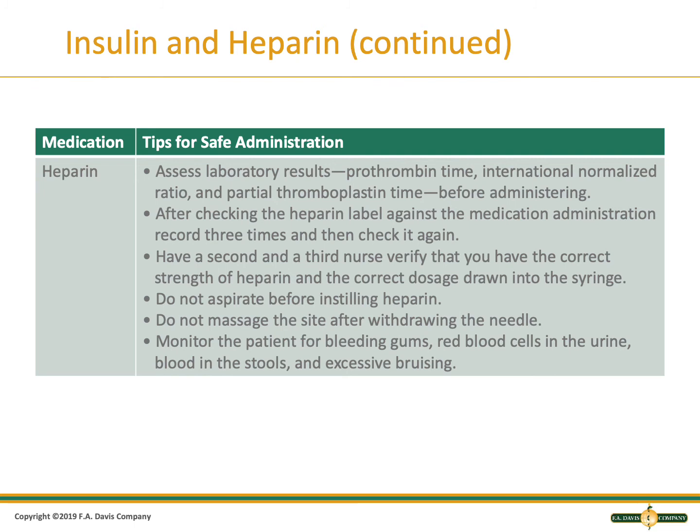Don't ever aspirate before instilling heparin. Don't massage the site. And monitor the patient for bleeding gums, red blood cells in the urine, blood in the stools, and excessive bruising. So again, that top point there, assessing the lab results. Those are typically known as the PT, the INR, and the PTT results.